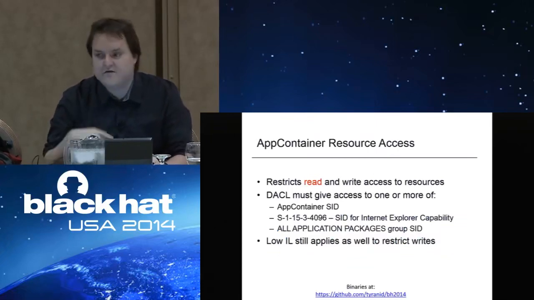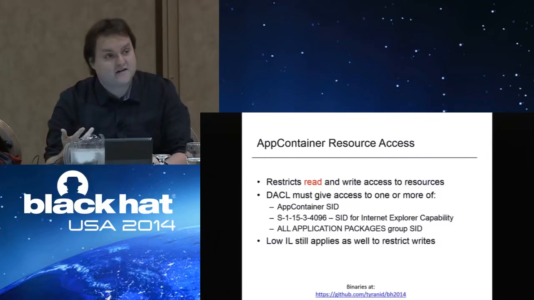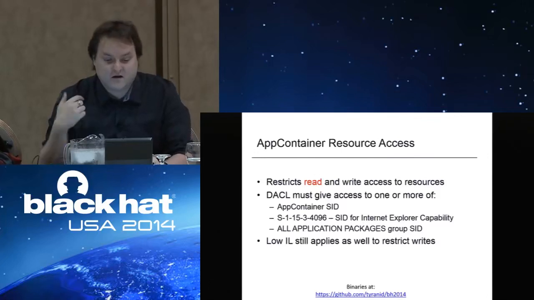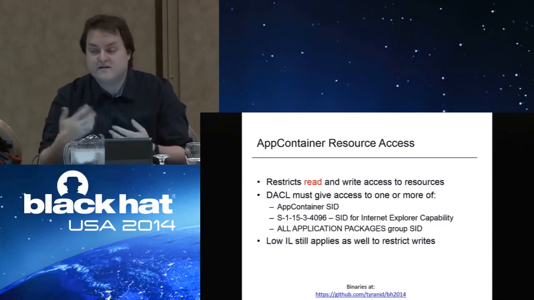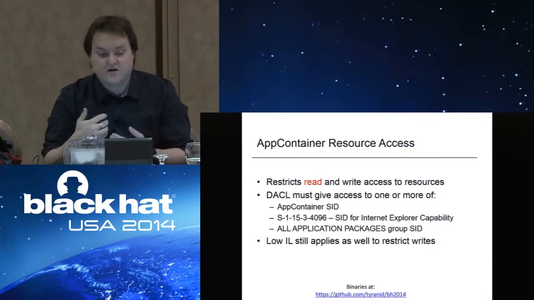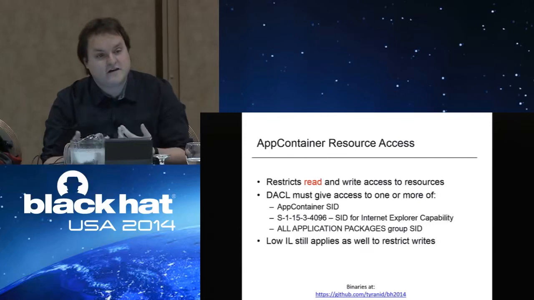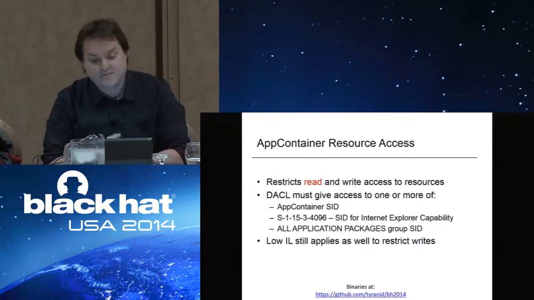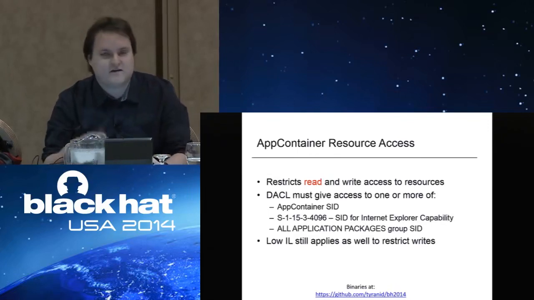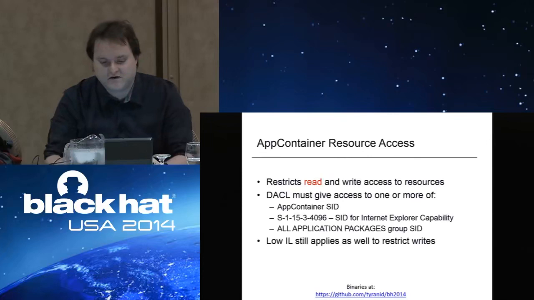And this is done through the usual access control mechanisms in Windows. So, for example, IE has a special SID associated with the process, and so you can add this special SID into an access control list and give access to IE only. There's also a group SID, the All Application Packages group SID, which allows you to access resources based on groups.